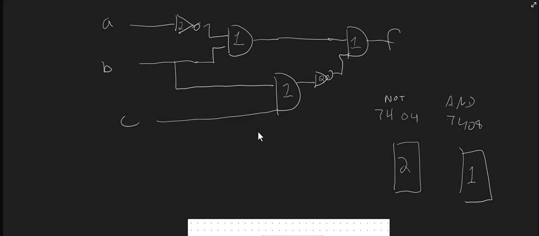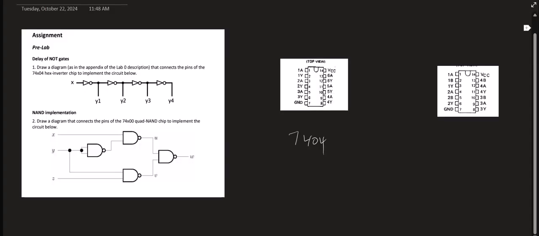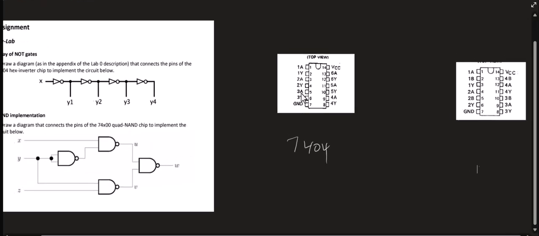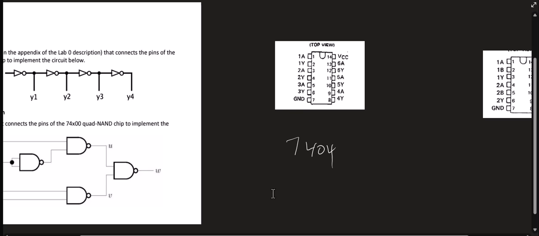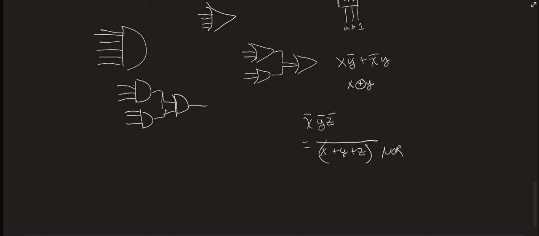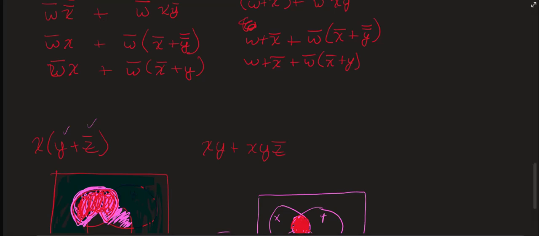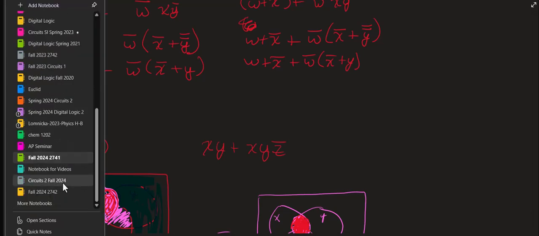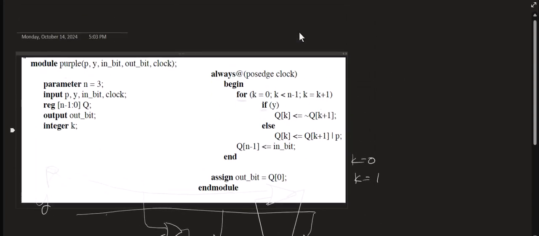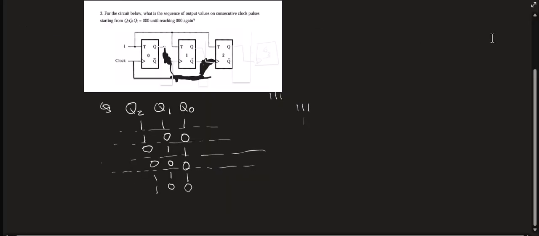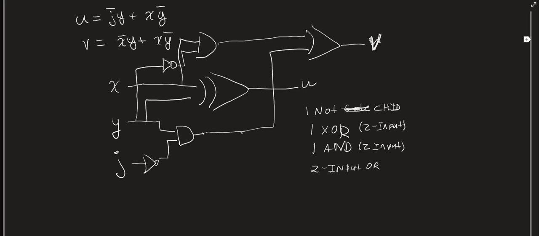And then for my NOT gates, I know that the input is A and the output is Y, so 1A, 1Y, 2A, 2Y, 3A, 3Y, and then we can look at the data sheet on the website.